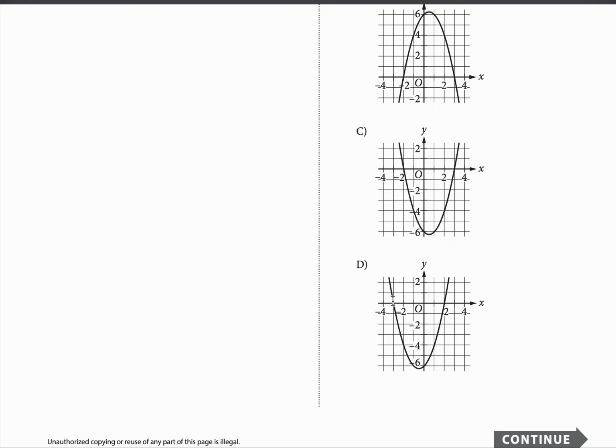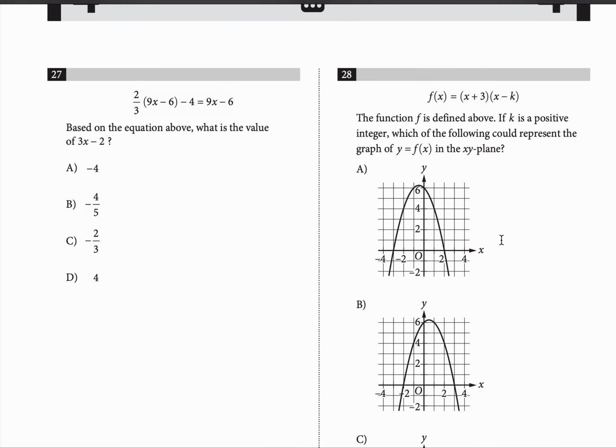Because if one of the roots is at -3, then the farther we go to the right, the more the vertex is going to go to the right with the other root, because it just has to be halfway in between. And so this is just wrong because of that. Interesting, right? Because the k, and that's also just remembering, this is really simple, right?